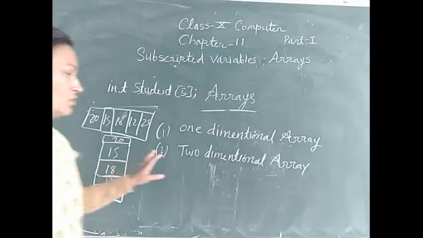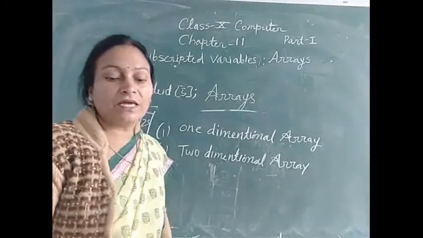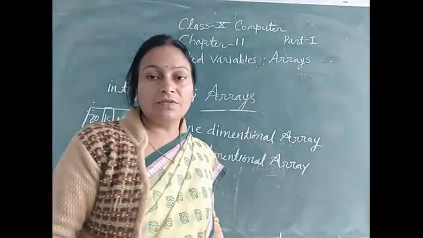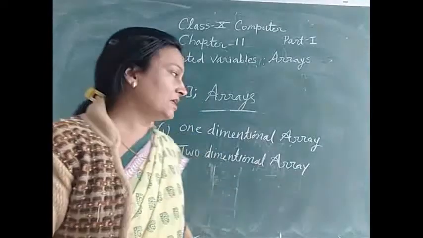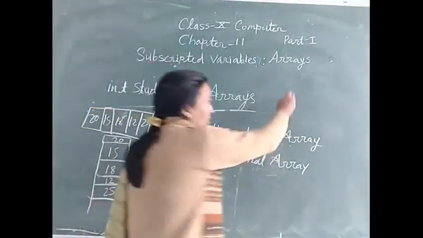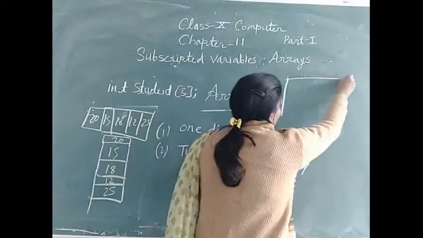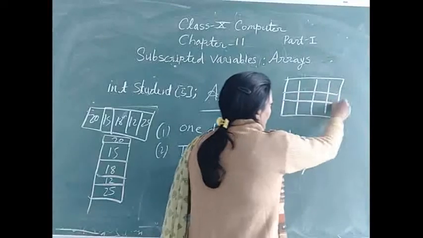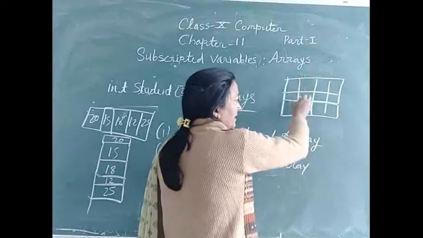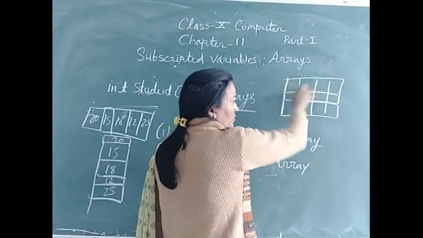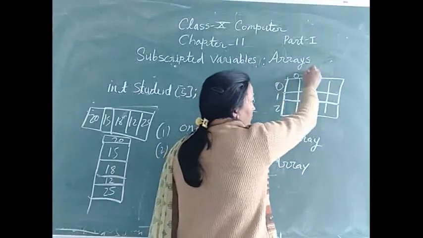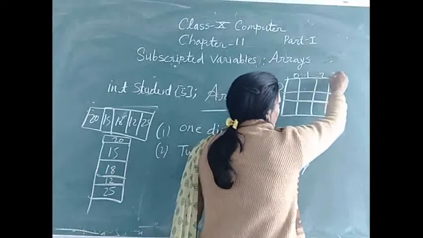And a two-dimensional array: in a two-dimensional array, data are stored in different rows and columns, and it is represented by both row and column. For example, this table is an example of an array because it has 3 rows, 0, 1, 2, and 4 columns, 0, 1, 2, 3.